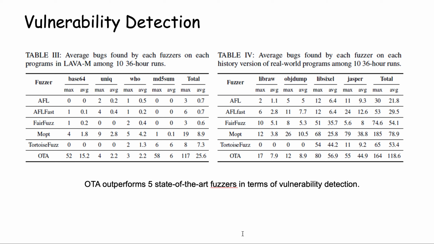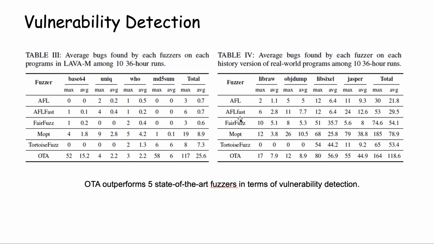In terms of vulnerability detection, we select the LAVA-M dataset and 4 real-world programs as targets. These two tables show the statistical results. As we can see, OTA outperforms 5 sets of fuzzers in terms of vulnerability detection.